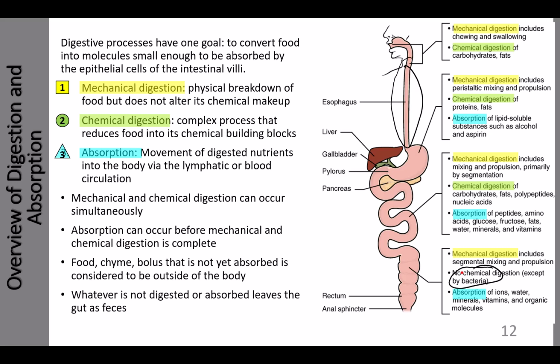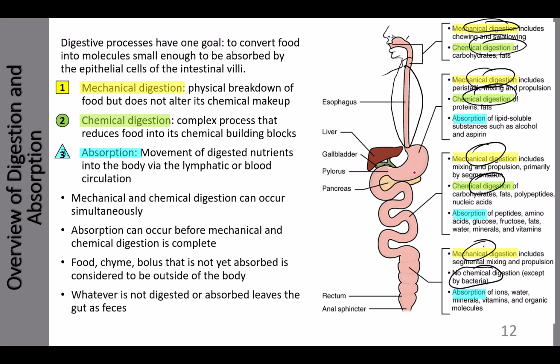And so what this means is that mechanical digestion can occur at the same time as chemical digestion, right? Absorption can also occur before mechanical and chemical digestion is complete.